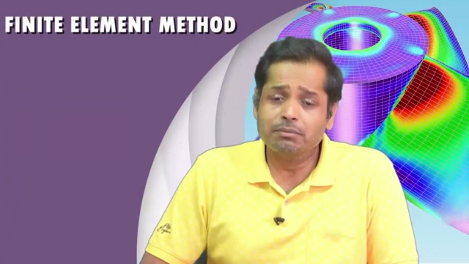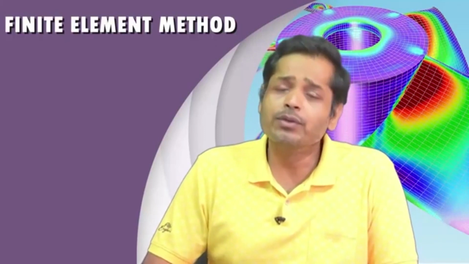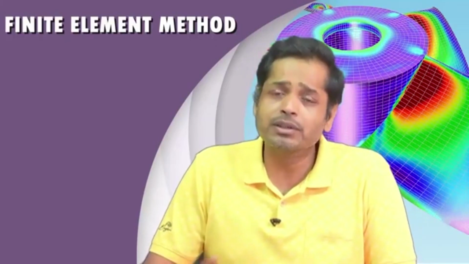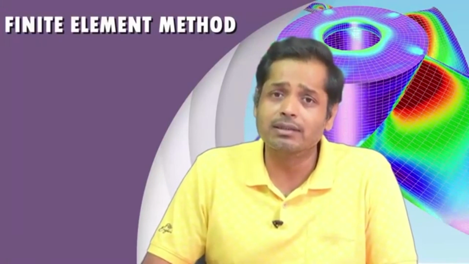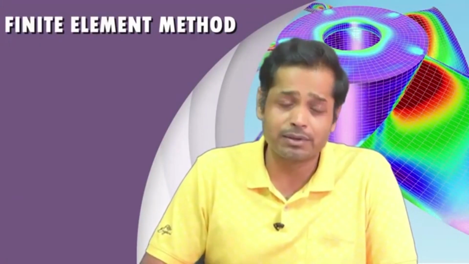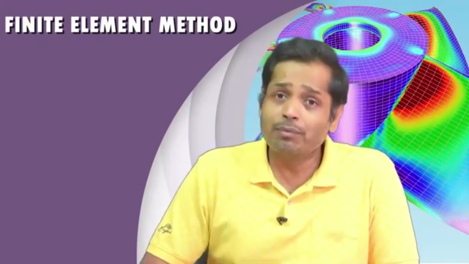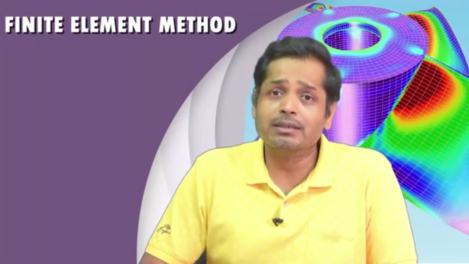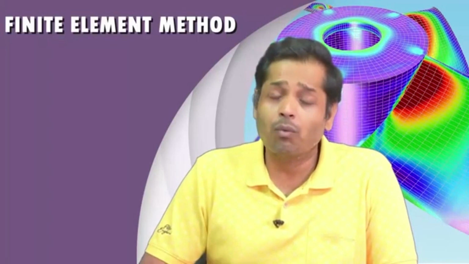And there, the philosophy we used was that we took an approximation and then the unknown constants are determined by imposing the interpolation condition, interpolation of the primary variables. This is the same approach we followed while determining the shape function of the 1D bar element, the two-noded bar element, three-noded bar element.